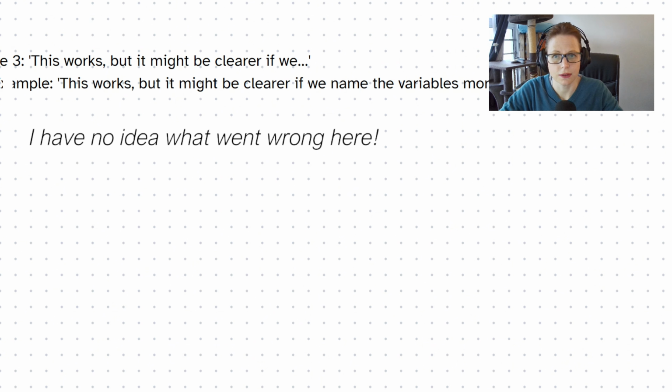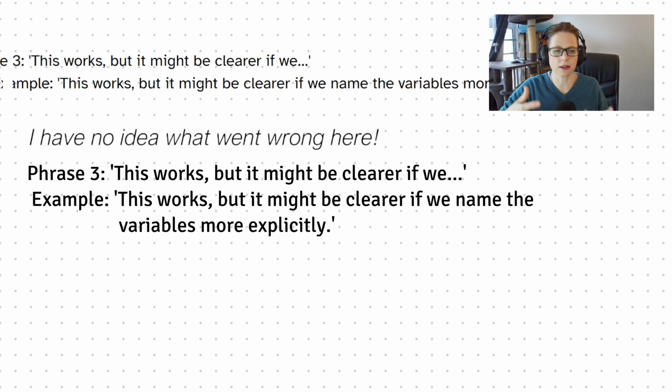And the last one, "This works, but it might be clearer if we." Again, in this situation, the code is working just fine. There is no huge problem with it.